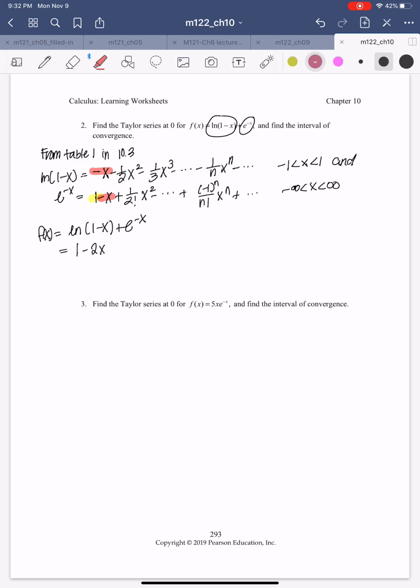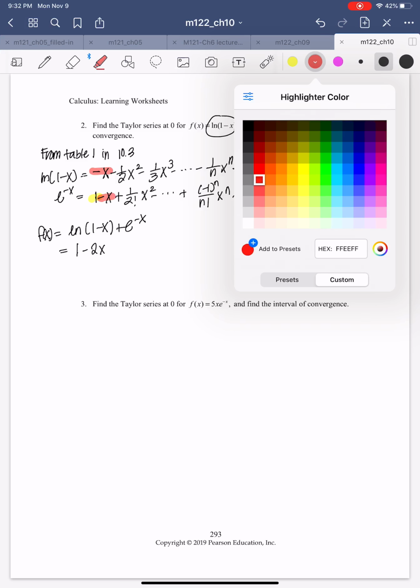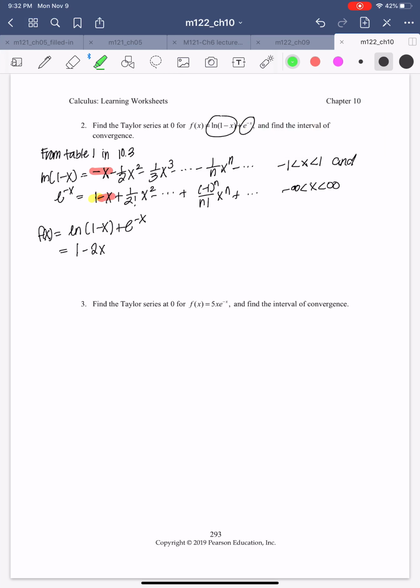The square term: I will have negative half plus 1 over 2 factorial x squared.